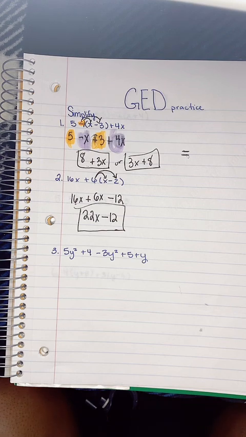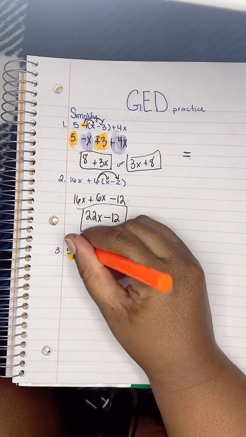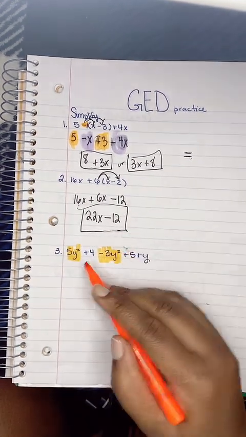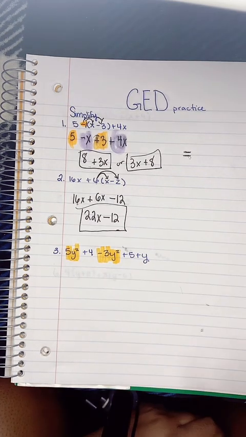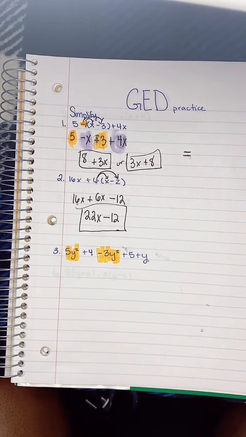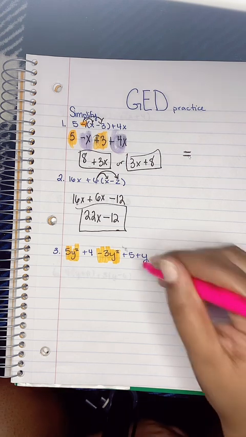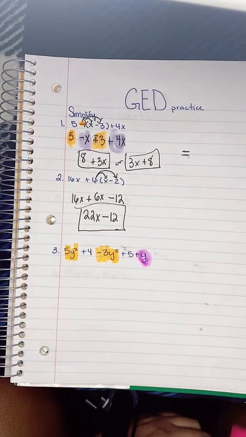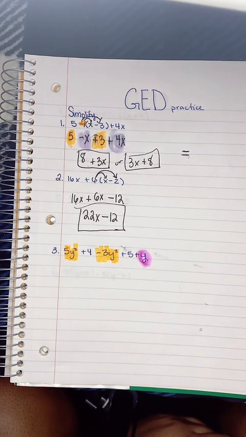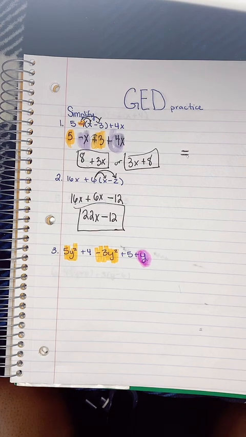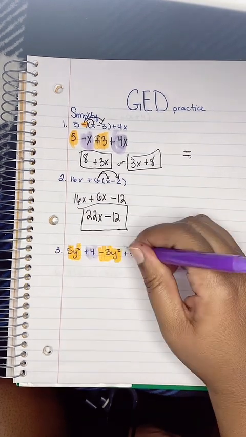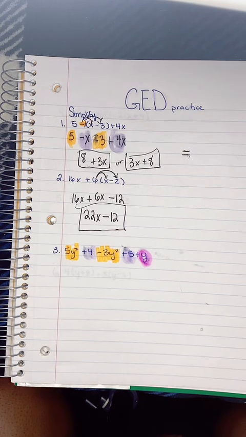Okay, right now I'm looking. I'm going to highlight my like terms. So I have this that are like, ooh, almost fell for it. This is just a y, right? And then I have this +4 and this +5 here.